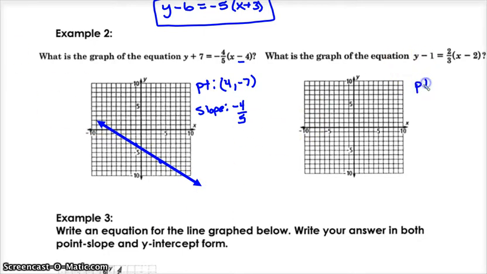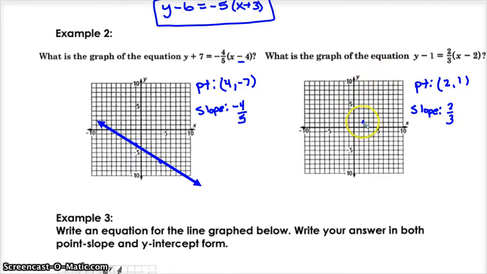Let's try it again. I need 2 pieces of information, a point and a slope. And since this is point-slope form, it shouldn't be too bad to find those 2 things. The point is the point 2, 1, and the slope is 2/3. So from those 2 pieces of information, I can go ahead and move over to my graph. So over 2, up 1 is the point, and then from there is my slope.